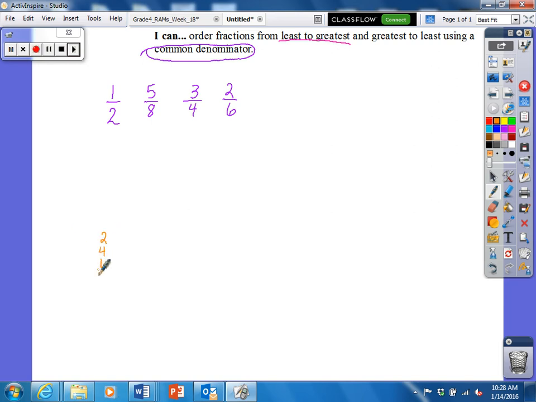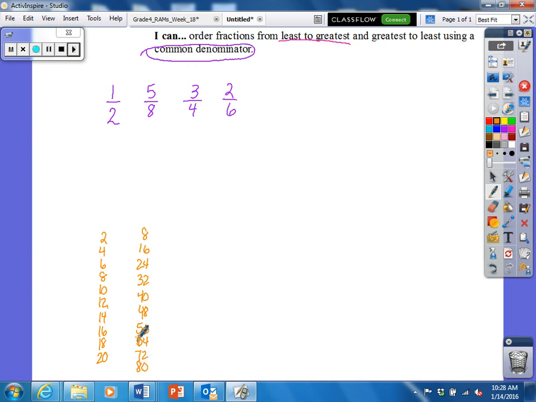2, 4, 6, 8, 10, 12, 14, 16, 18, 20. And then I'm going to go to 8, 16, 24, 32, 40, 48, 56, 64, 72, 80.